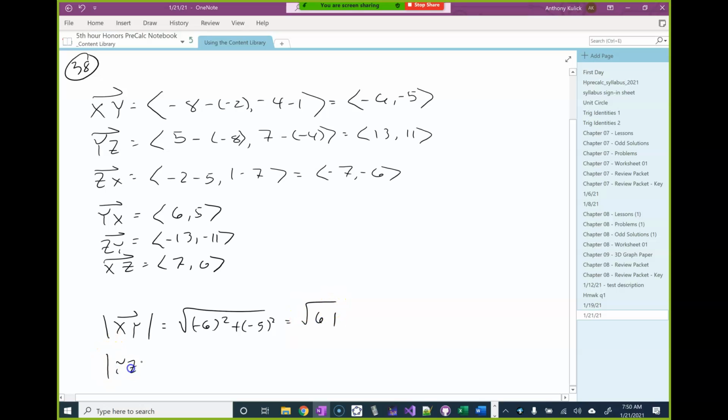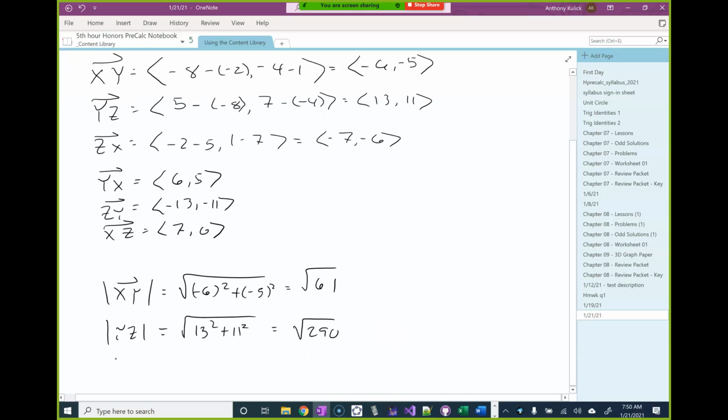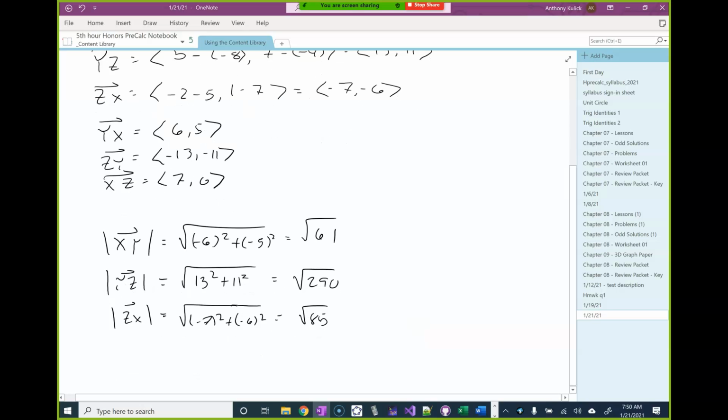And then yz is 13 squared plus 11 squared, 169 plus 121 is 290, I think. And then zx is my last one. So 49 plus 36 is 85, I think. So those are my side lengths.